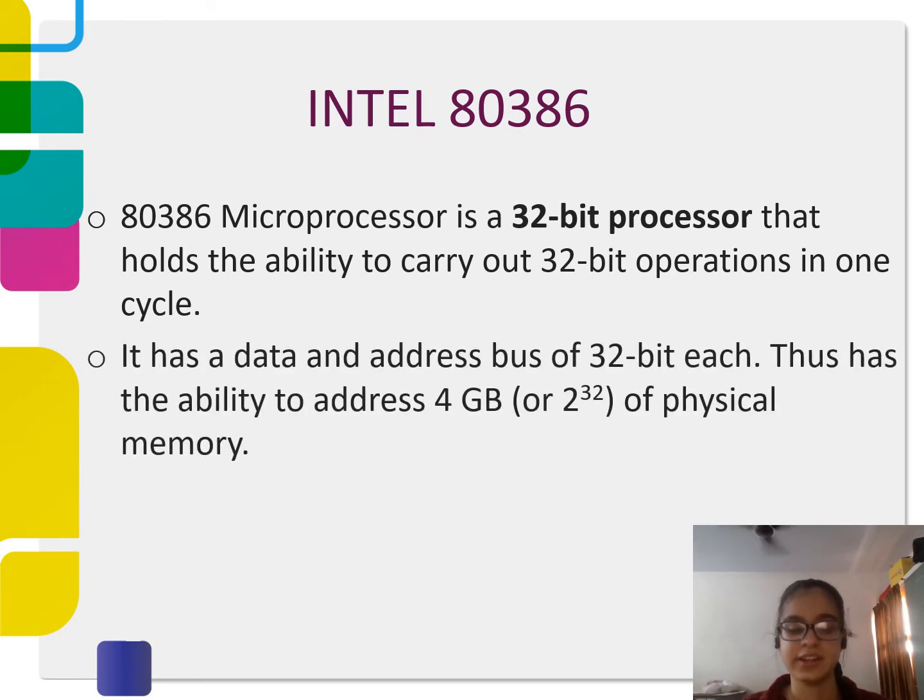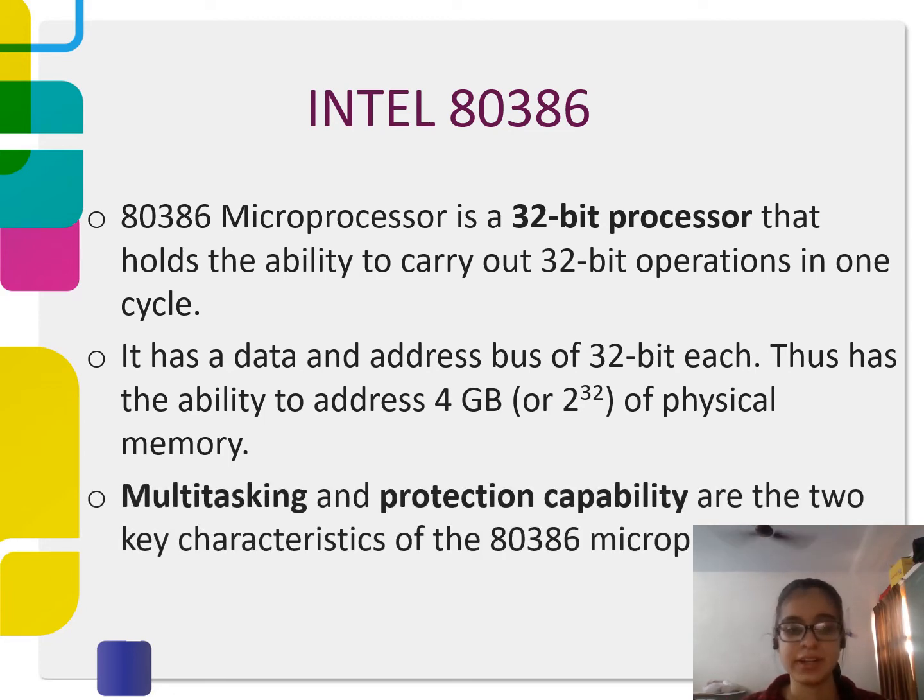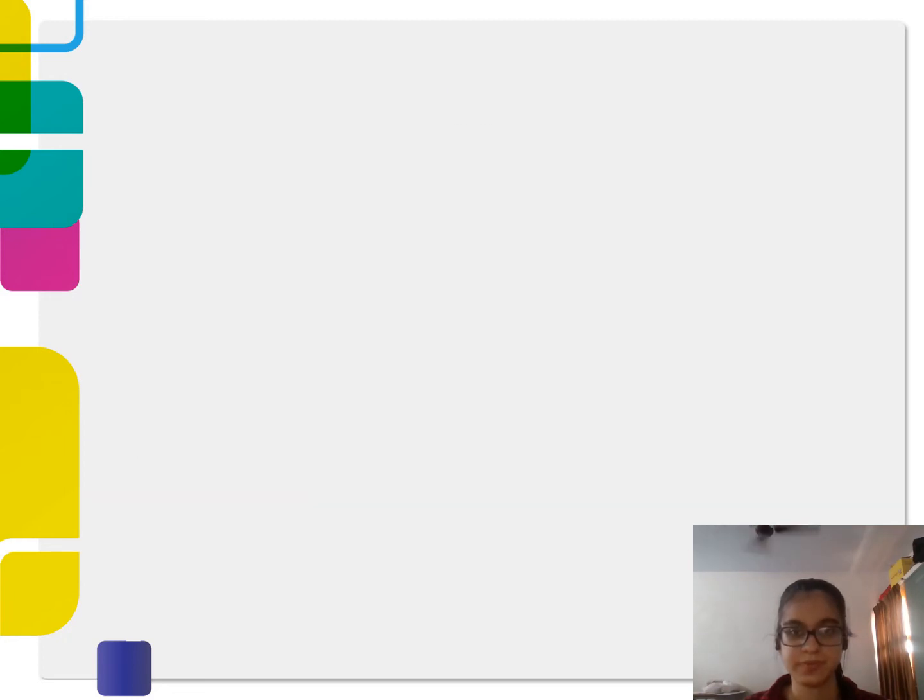It has data and address buses of 32 bits each, thus the ability to address 4 GB, or 2 raised to 32, of physical memory. Multitasking and protection capability are the two key characteristics of the 80386 microprocessor.